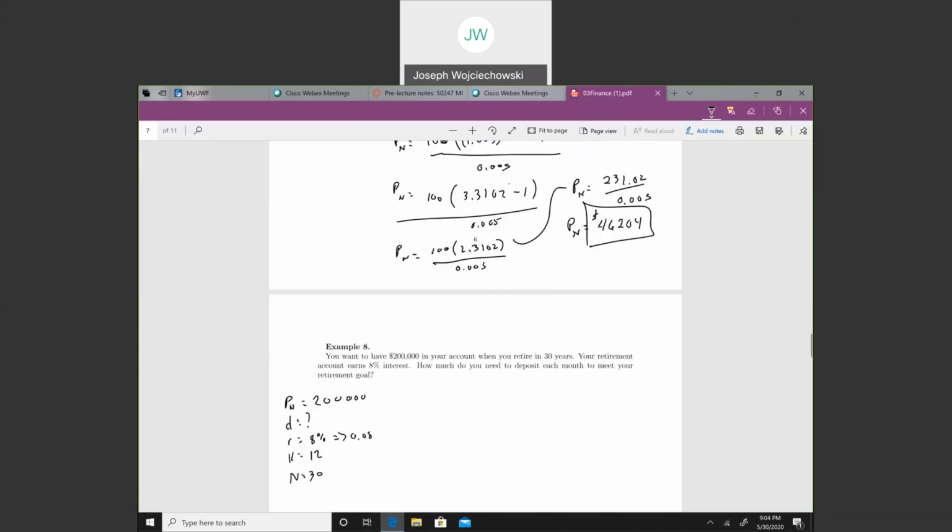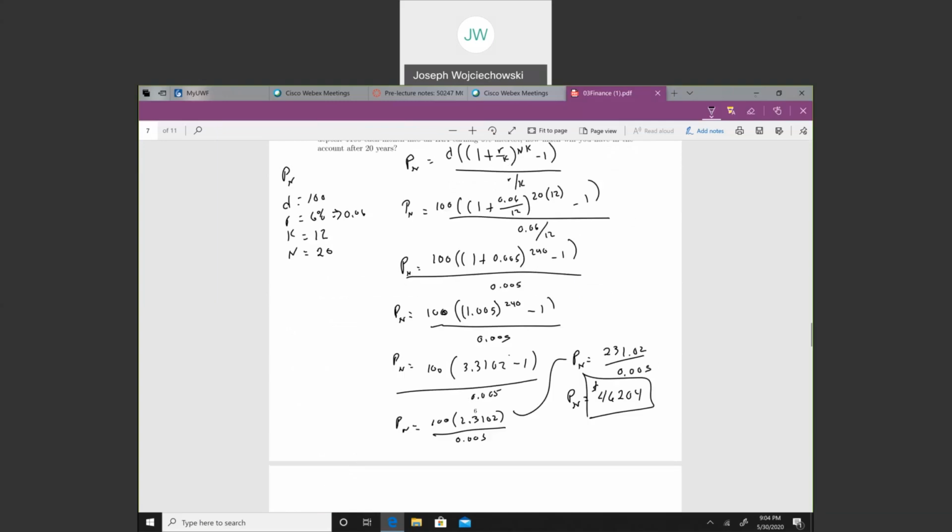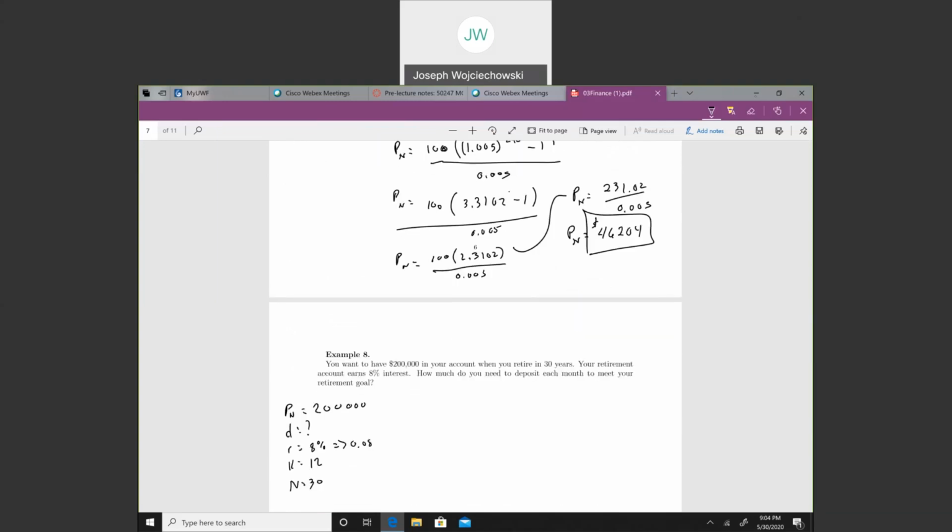So going back here to our initial formula, we have P sub n equals D times 1 plus R divided by K to the NK minus 1, all divided by R divided by K. So let's plug in the values we know.